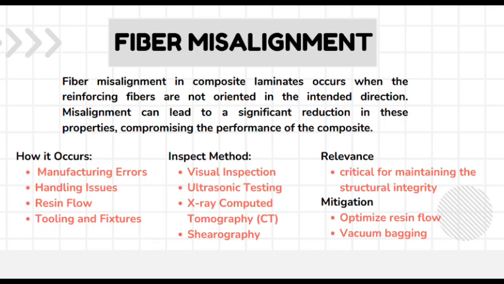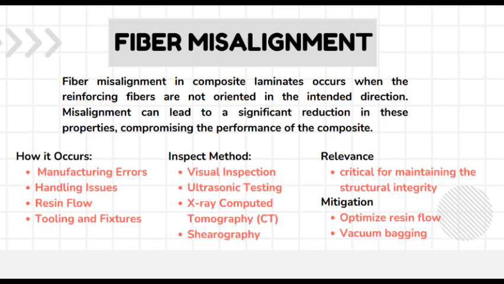How does it occur? Manufacturing error. Misalignment often results from error during the layup process. This can happen if the fibers are not placed carefully in the mold. Handling issues: improper handling of pre-impregnated fibrous material can cause fibers to shift or wrinkle.